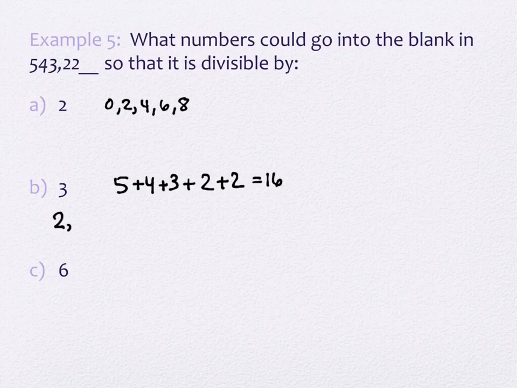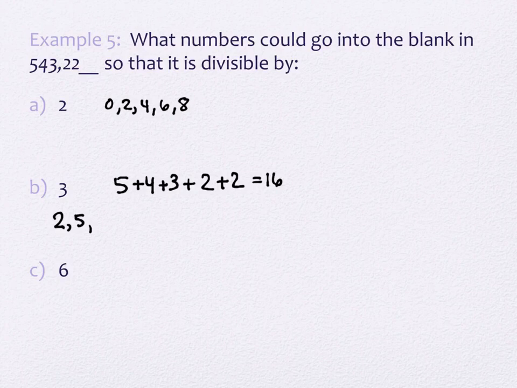I can go step by step through this. That will work just fine. So let's try 3. What if I put a 3 in the blank? Nope. 4. Nope. 5? Yeah. 6? Nope. Oh, you're just going to go up 3. Yes, you are. Once you find the first one, 2, it worked.